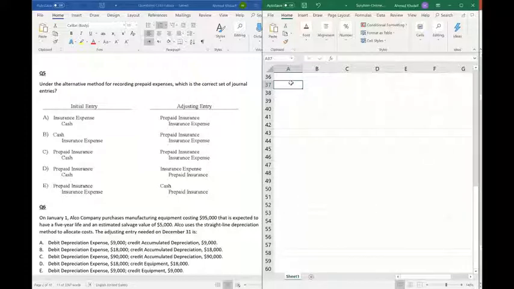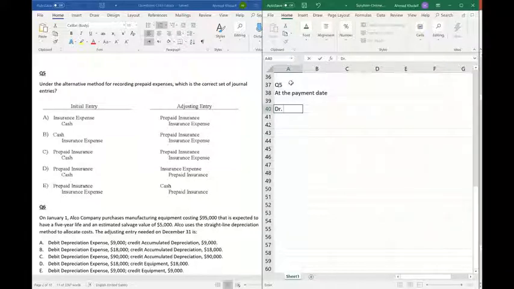So if we look at the main method to record the prepaid expenses that we already used, at the payment date, when the company pays the expenses, for example prepaid insurance, we'll record here prepaid expense.